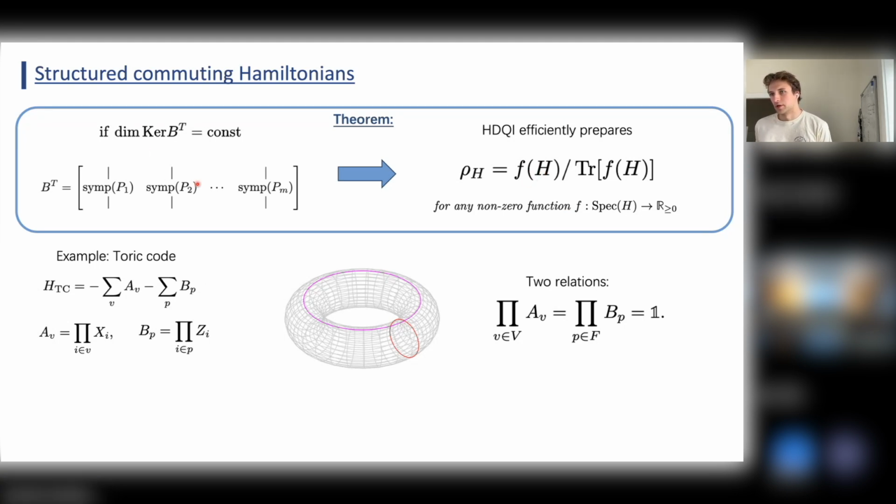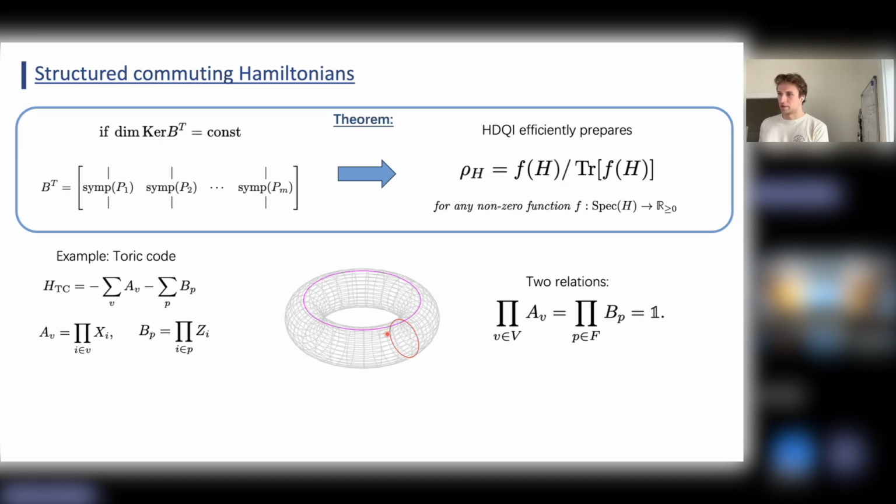There are many examples that satisfy this property, including most topological quantum error correction codes. The simplest example is the toric code, where there are only two code words because there are only two relations among the stabilizers: the product of all plaquettes and the product of all star operators each equal 1. So the toric code satisfies this condition.